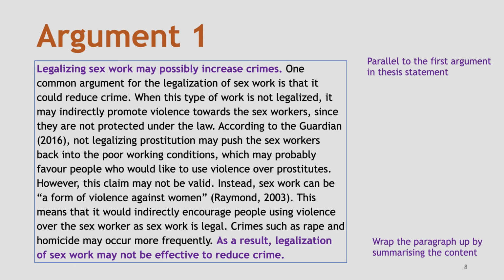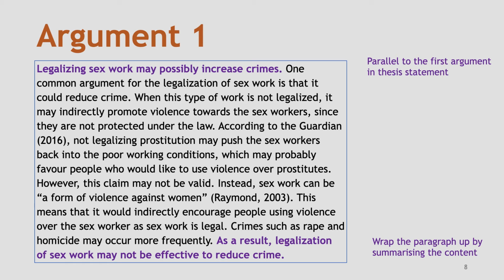That is, legalizing sex work may possibly increase crimes. If you go back to the thesis paragraph, the introduction, you will find in the thesis statement the first point having to do with this first argument. And then as you read on, you will find the writer's points that would support the argument.